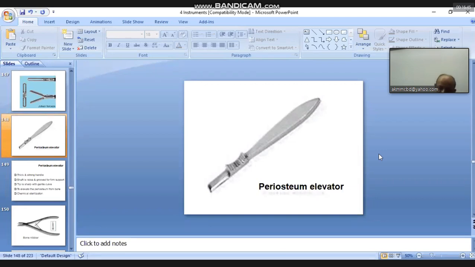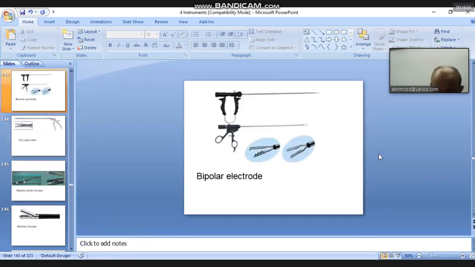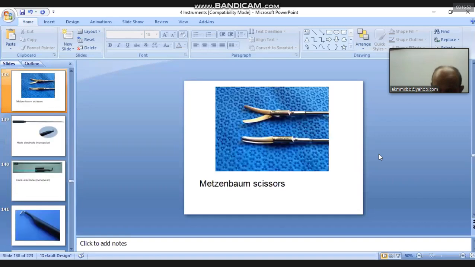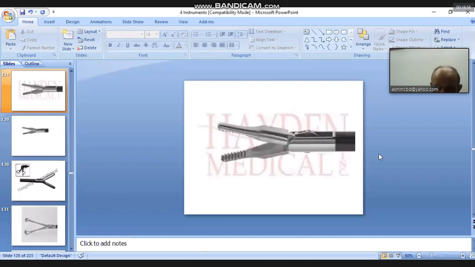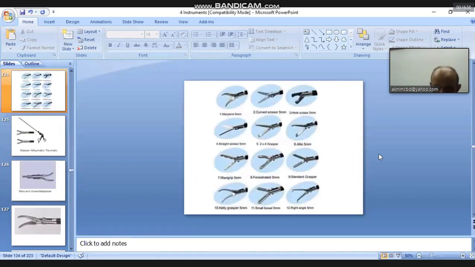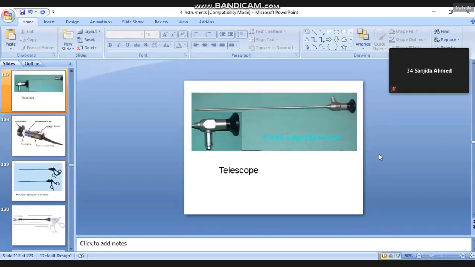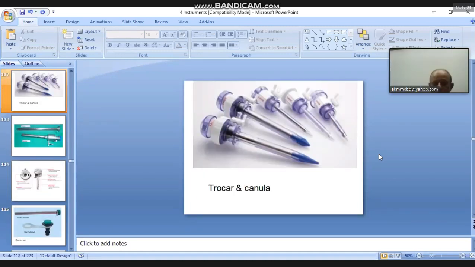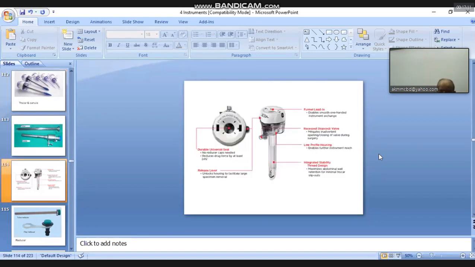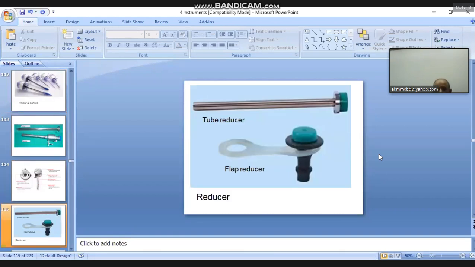Now, again, try to recapitulate what we have learned in laparoscopic surgery. These 5 or 6 instruments you have to remember, not all. This is trocar and cannula, number 1. Number 2, tube reducer and flap reducer, actually reducer.